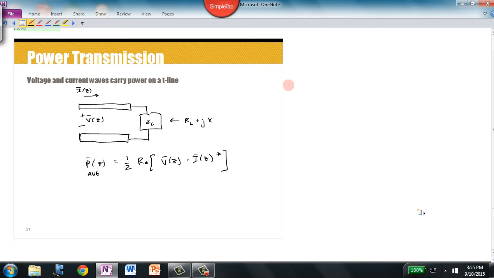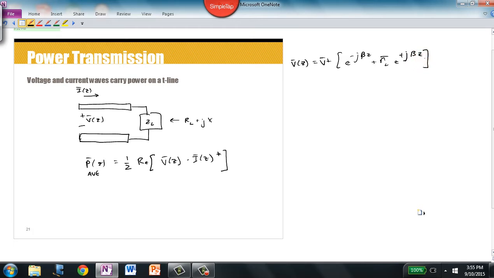And I want to start just by writing out the complete expression for the voltage phasor notation. And that is equal to V bar plus times e to the minus j beta z plus the reflection coefficient at the load times e to the plus j beta z.